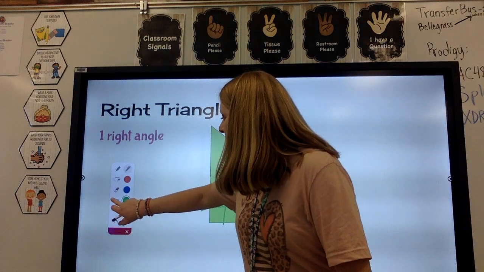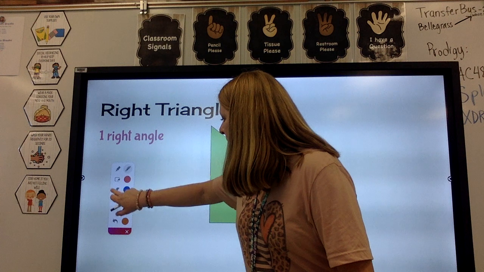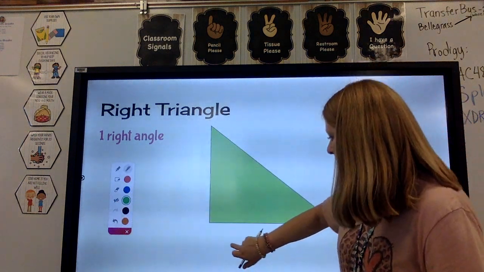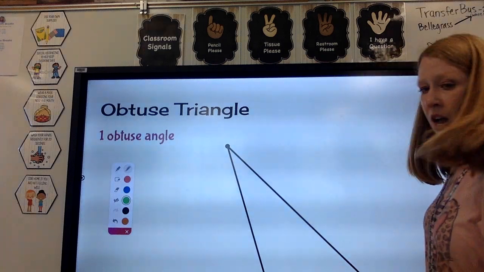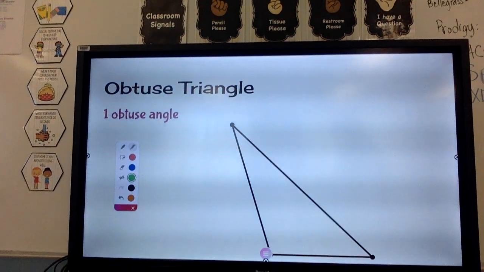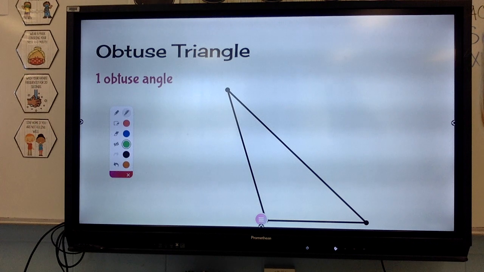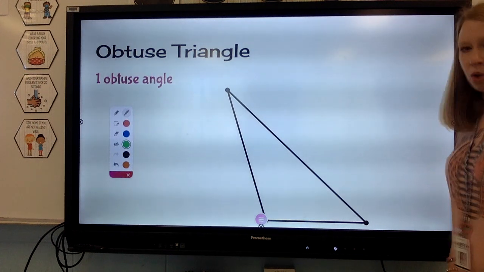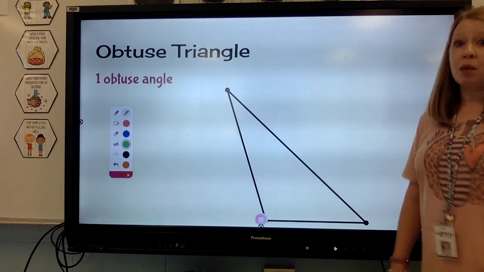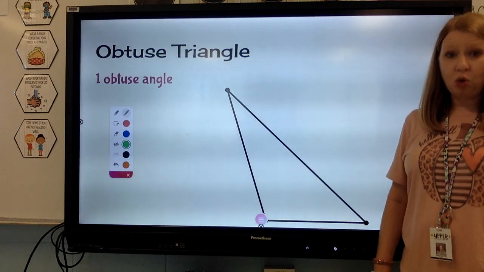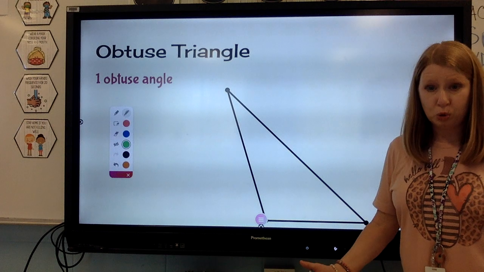And then finally, when we look at our last triangle here, there we go. I have an obtuse triangle. Let me move my camera. Well, guys, when I have an obtuse triangle, that means that one of those angles in there is going to be obtuse.